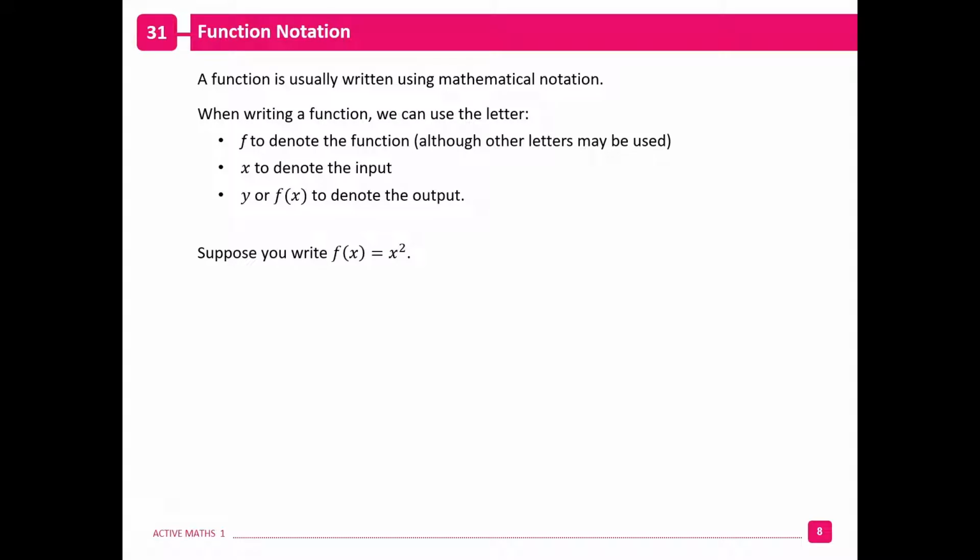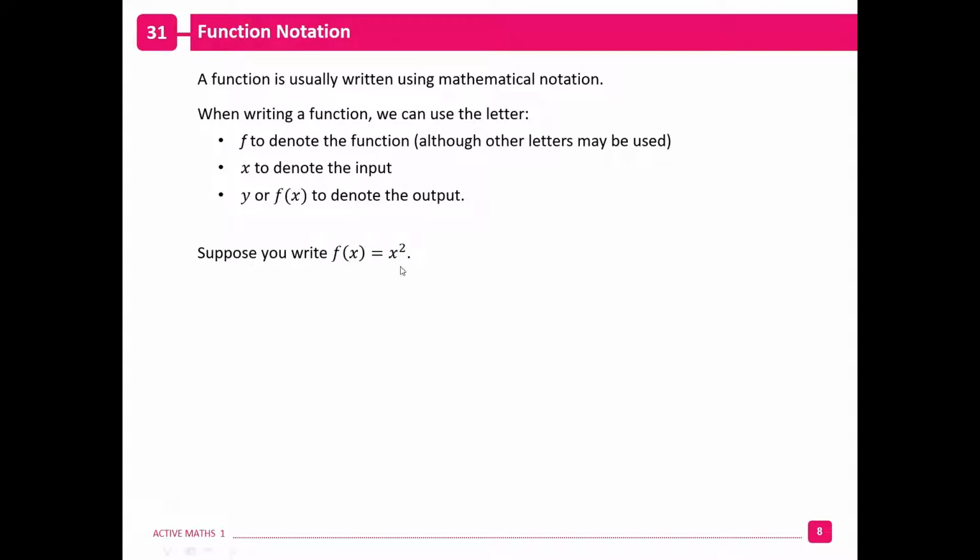Suppose you write f of x equals x squared. So what this means is that we have a function called f and that we put inputs into that function. And the inputs we're just going to say are the letter x because they might change. We might have more than one.